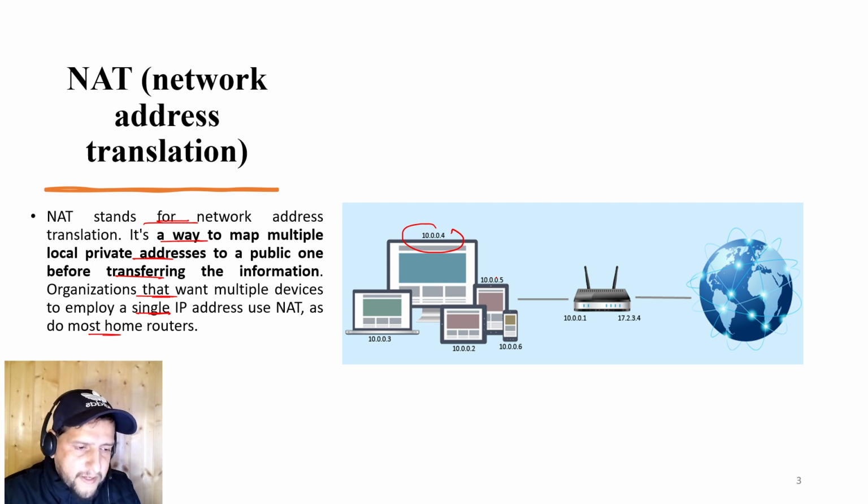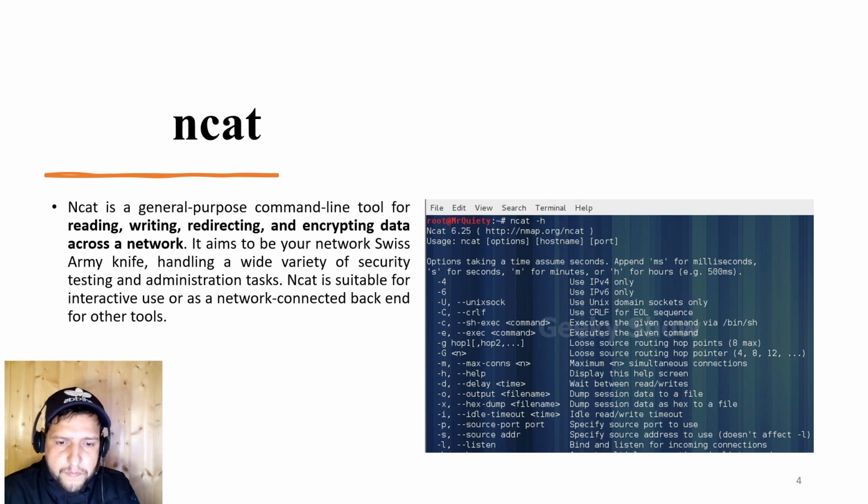Now you can send the request from these devices to outside using only one public IP, because a public IP is routable and you're paying for it, so you will have one public IP which is going to take requests from multiple private IPs. It also provides security, so anyone from outside cannot come within your internal network.